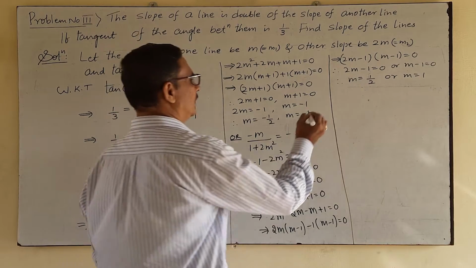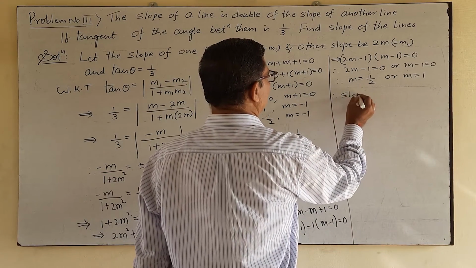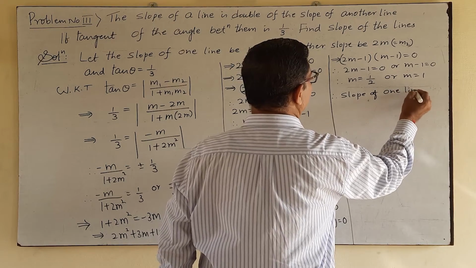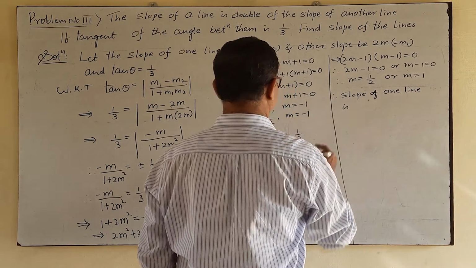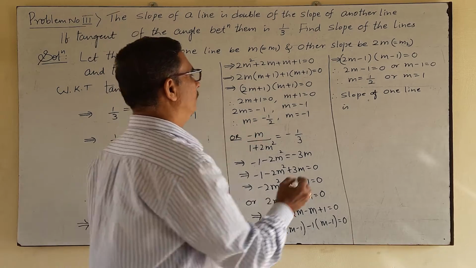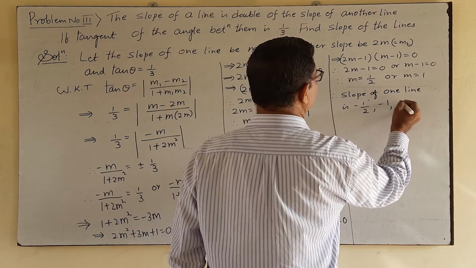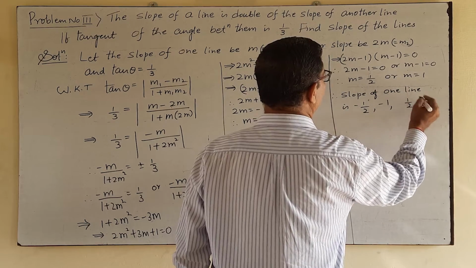Okay. Now therefore slope of one line is m value: minus 1 by 2, then minus 1, okay, then 1 by 2, 1.